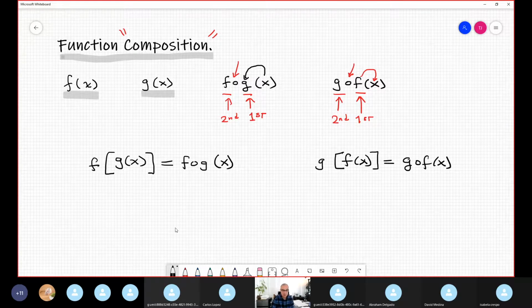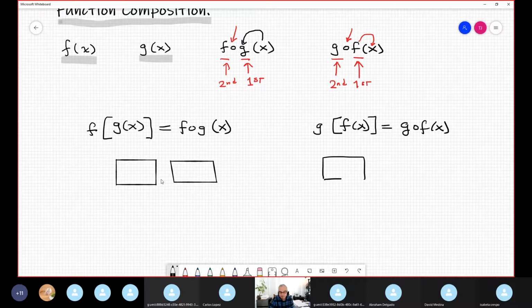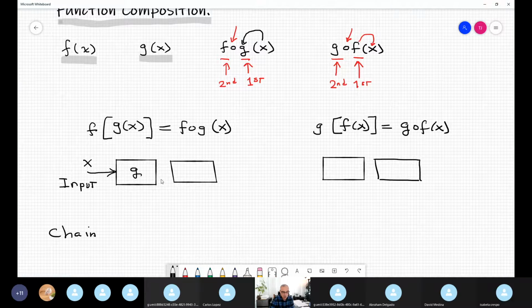One visual representation of this is to consider the function like a black box. So we have a function as a black box. In that case, the first function is g. Any value x in the domain is the input in our chain.